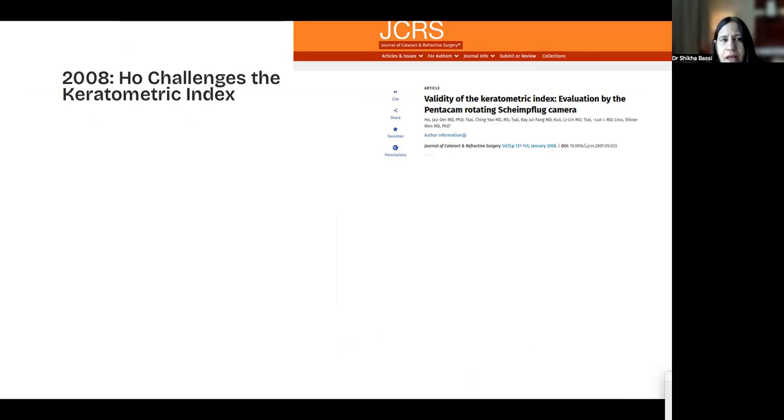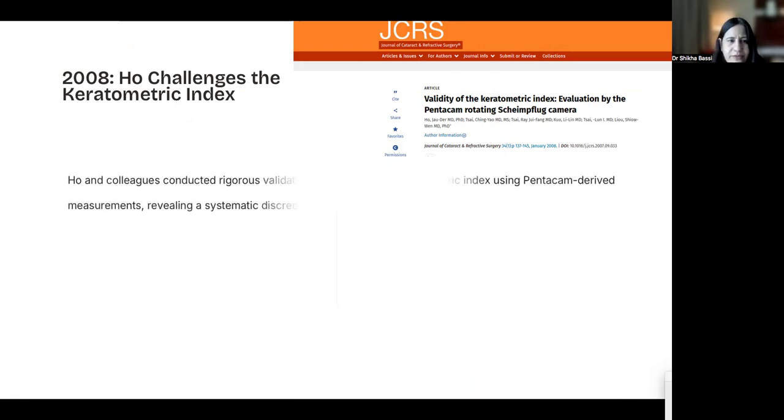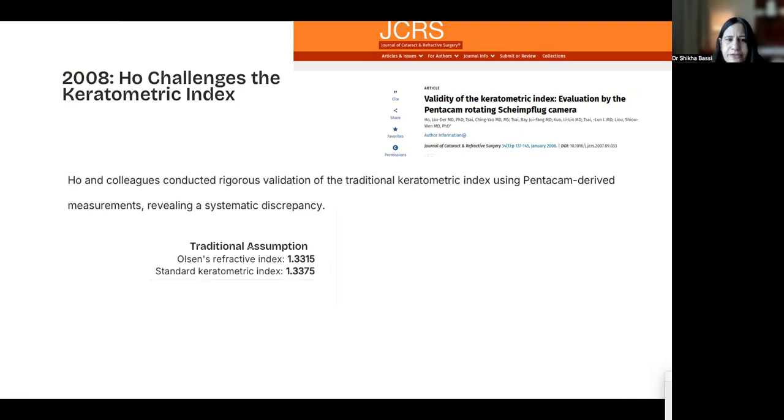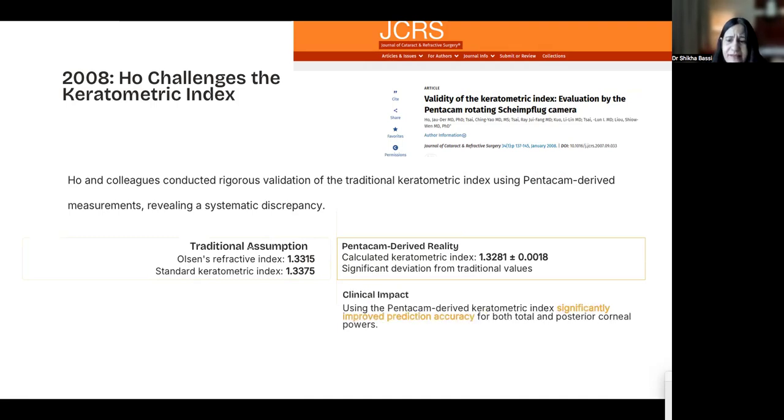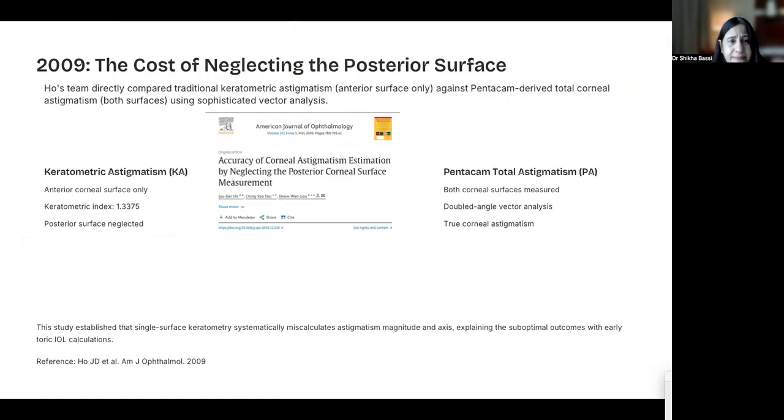Ho et al. calculated the actual mean keratometric index in 2008, compared to the standard keratometric index of 1.3375, and he found that it was 1.3281, which was closer to what was given by Olson et al. It did improve our prediction accuracies, as was expected.